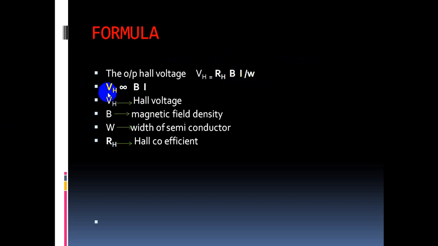So always the output voltage is in proportion to the magnetic field density. So if there is any change in the magnetic field, automatically the output voltage changes. Then that is sensed by our sensor, and the output voltage is measured. With respect to output voltage, we can estimate how the magnetic field has changed. Okay.